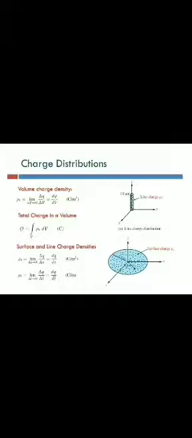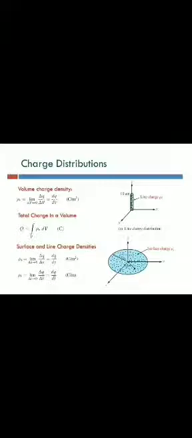Linear charge density, which is represented by lambda, is given by the limit as delta L tends to 0 of delta Q by delta L, or it can be written as dq by dl. The unit of linear charge density is coulomb per meter, where coulomb is the unit of charge and meter is the unit of length.